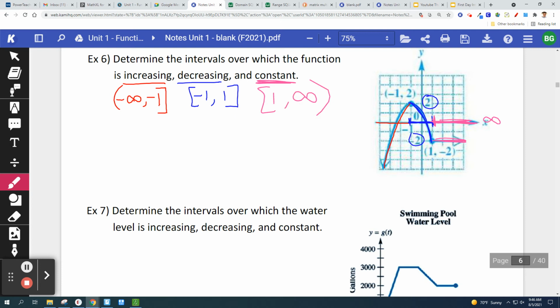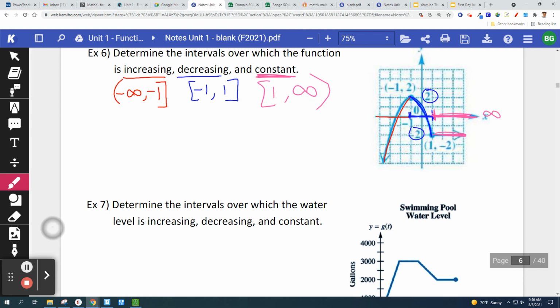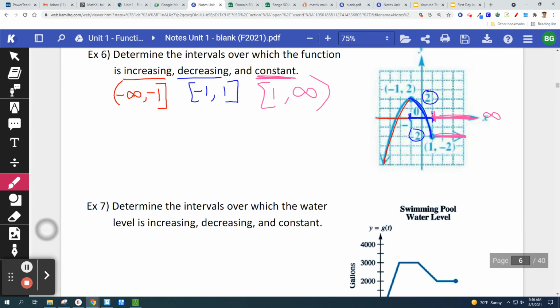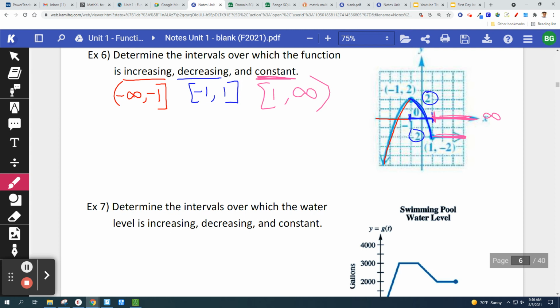We're talking about domain. By the way, if I asked you what the domain of that is, you squash the whole thing, it covers the entire x-axis. That means the domain would be all real numbers. If I asked you what the range for that function was, just squash the whole thing. It goes from positive 2 at the top all the way down to negative infinity. So we say from negative infinity to positive 2.